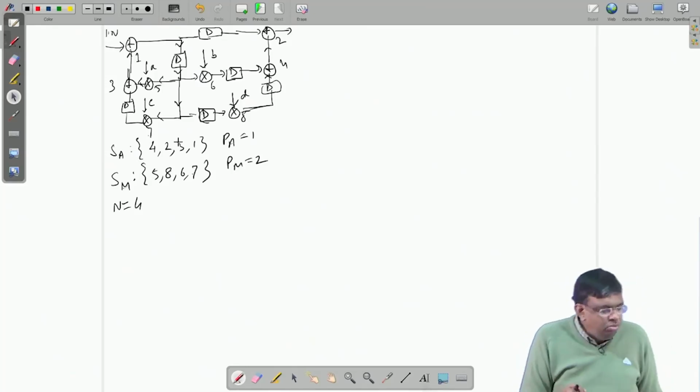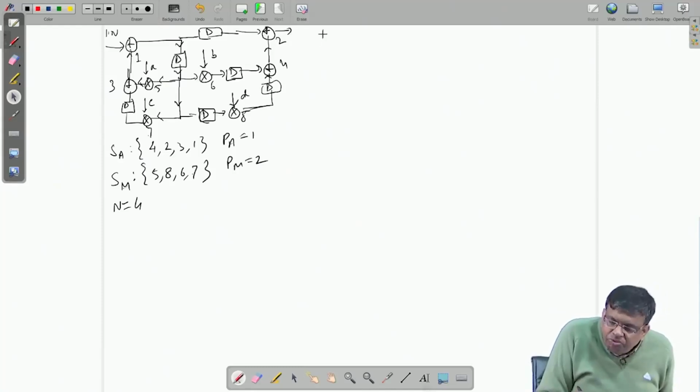Now, you remember we obtained those folded delay figures after folding. DF, I am just writing from there, copying from there.